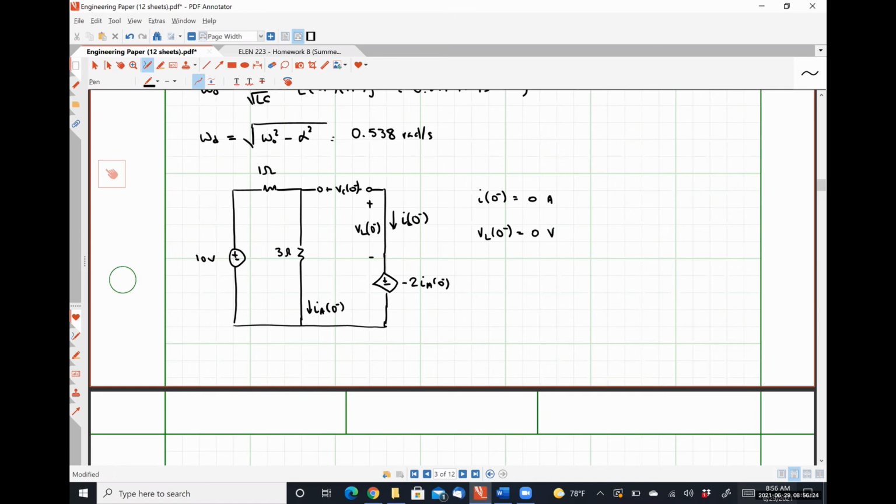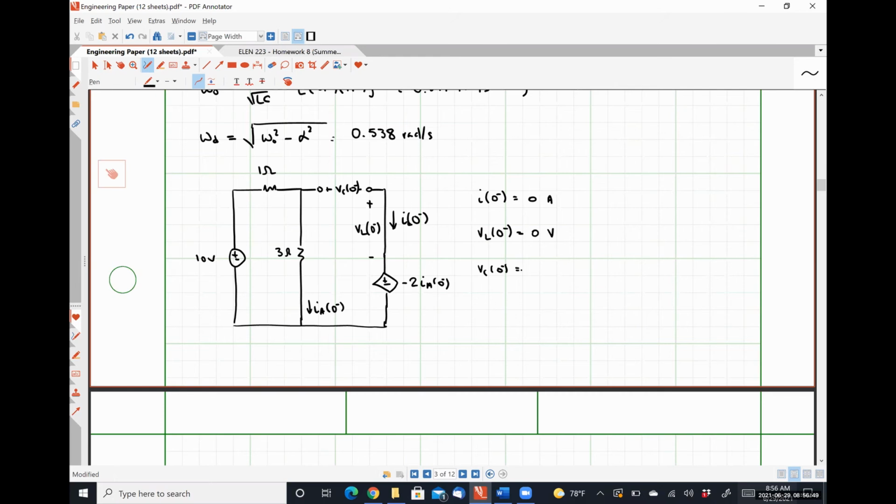And we have run out of easy things. So our only other real quantity of interest that we have to pay attention to is our capacitor voltage at t is equal to 0 minus. That's going to be a little bit more difficult to determine, right? So VC at 0 minus.